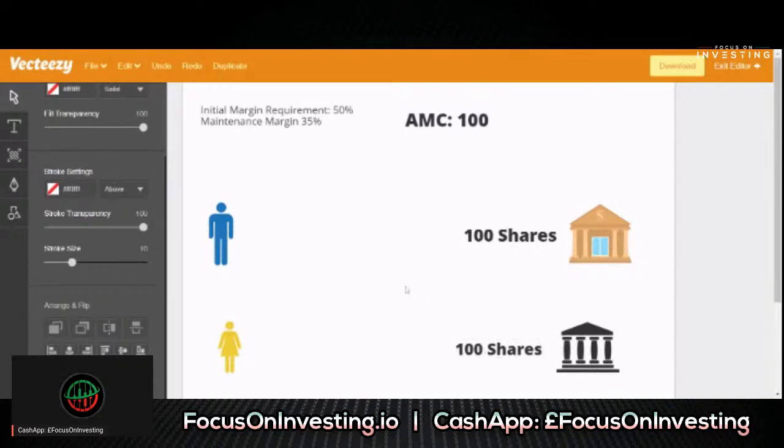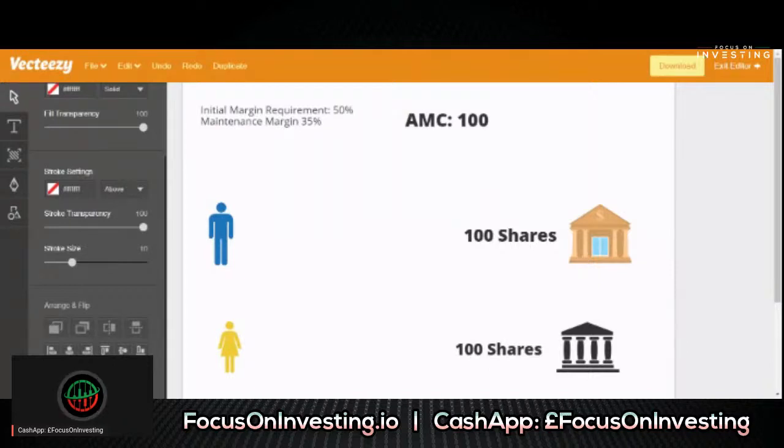So we're looking at a situation where AMC has only issued 100 shares, yet there have been 200 shares sold. Do you understand that? It was sold initially by Neil, then the institution lent those shares to Celia, and Celia then sold those shares. So 200 shares of AMC were sold, even though there were only 100 AMC shares available. Is that clear? This is what we're talking about with naked shorts.